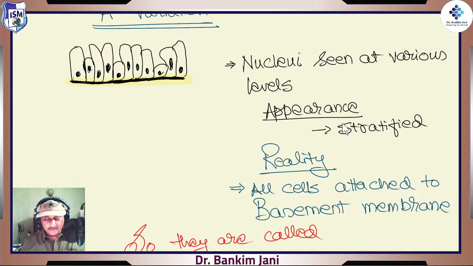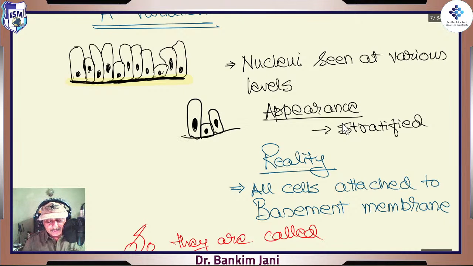In such a case, cells follow one simple rule: as per the size of the cell, the nucleus would be there. If the size of the cell is this much, the nucleus would be like this. If the size of the cell is this much, the nucleus would be like this. If there is another cell like this, the size of the nucleus would be like this.